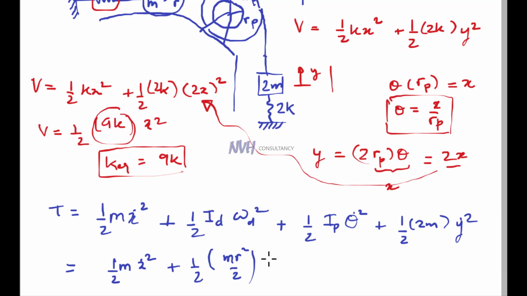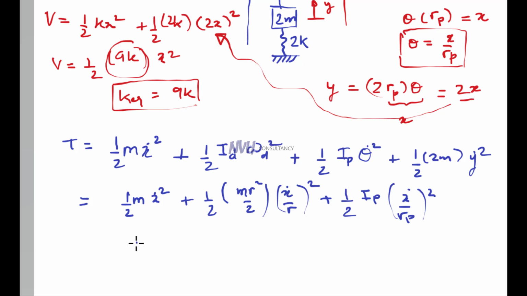So omega d is nothing but x dot by r, plus half times Ip times x dot by rp square, plus half times 2m times y dot square, where y equals 2x, so this term over here is 2x dot square.